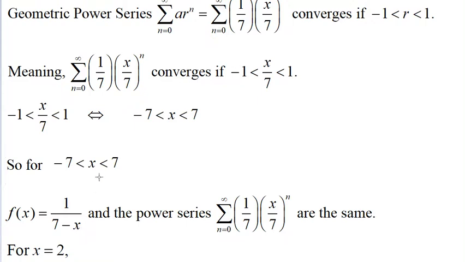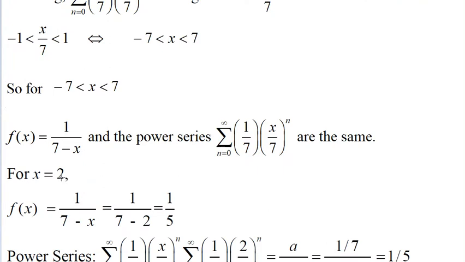And so now let's pick a number between -7 and 7 so we can see that they're the same. Let's pick 2. 2 is inside the interval between -7 and 7. When x is 2, for the function, we get 1 divided by 7 minus 2, which is 1/5.